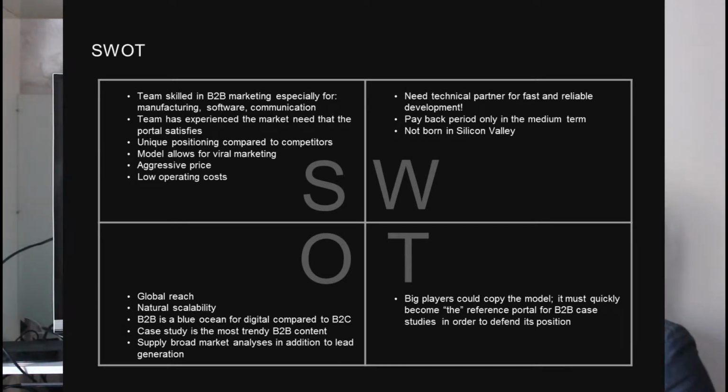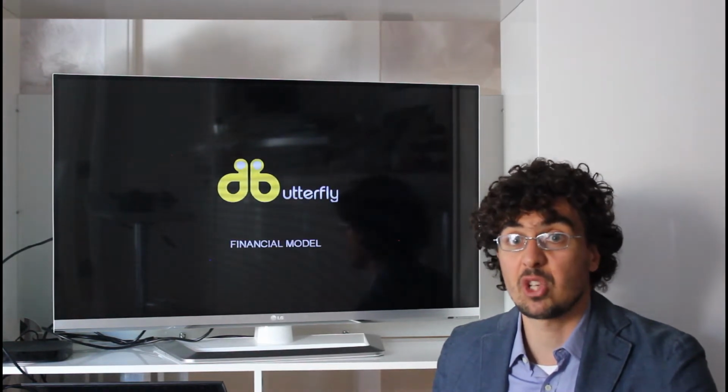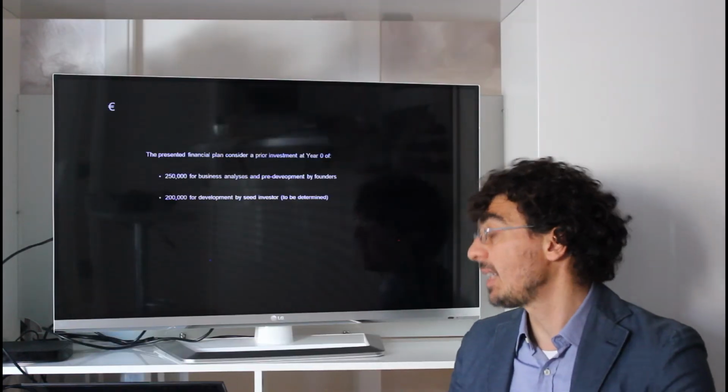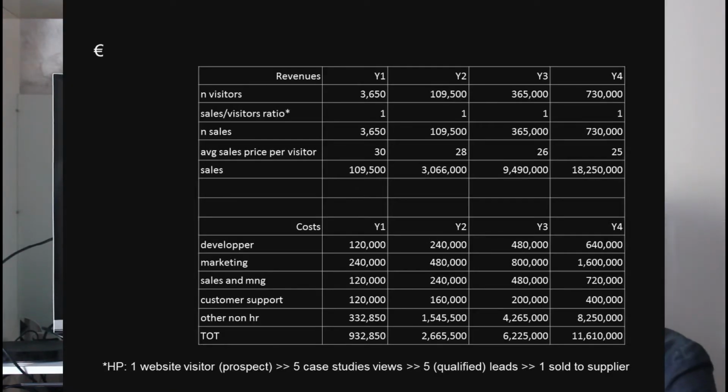Let's see very quickly the financial model, which you can read in more detail in the presentation. We start with our investment as founders, which is 250,000 euros in money and work, and we are looking for another 200,000 euros for development. Once we get that, we can achieve those results.